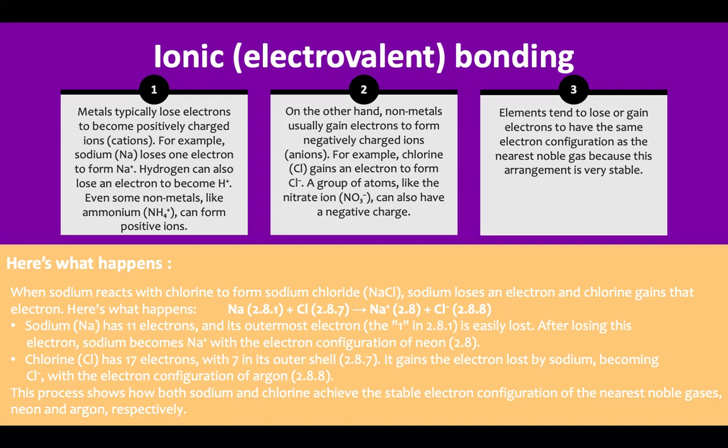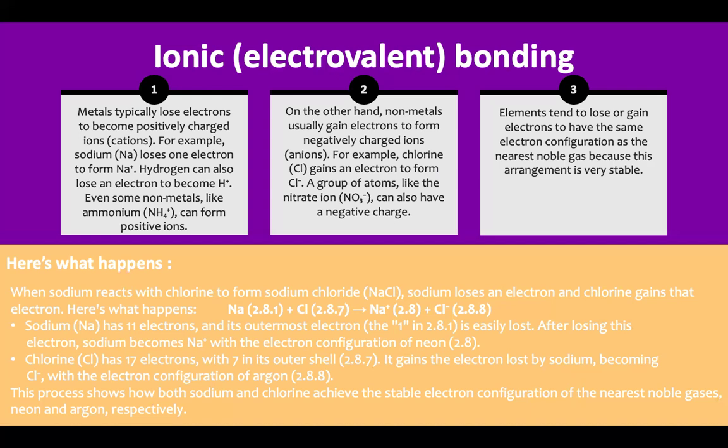When sodium reacts with chlorine to form sodium chloride, sodium loses an electron and chlorine gains that electron. Here is what happened. Na having the configuration of 2.8.1 plus chlorine 2.8.7 becomes Na+, which is 2.8, plus Cl-, which is 2.8.8. Sodium has 11 electrons, and its outermost electron, the one in 2.8.1, is easily lost.